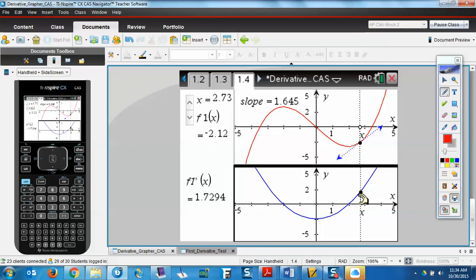How do we test for it? We check what's happening to the slope. We check for a sign change on the slope. If the slope's going positive to negative, we got a local max. If the slope's going negative to positive, we got a local min. If the slope's not changing sign, what do we got? Neither one. That's what was happening on your worksheet there.